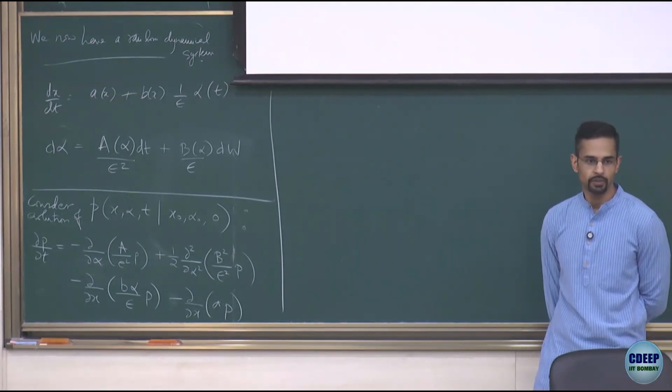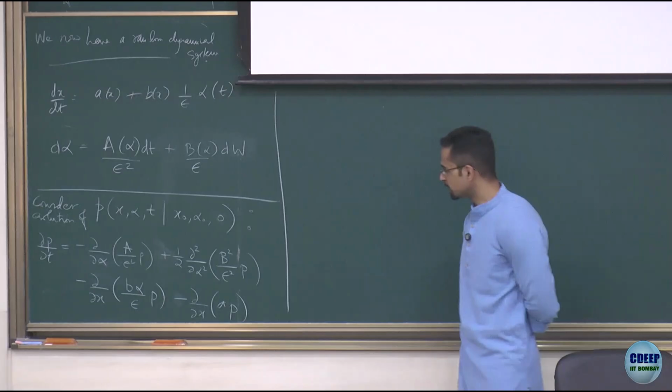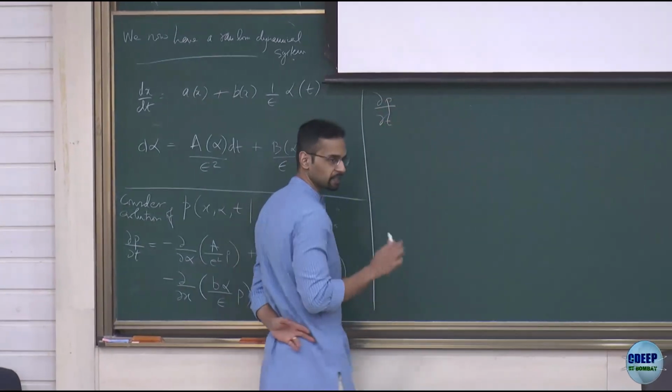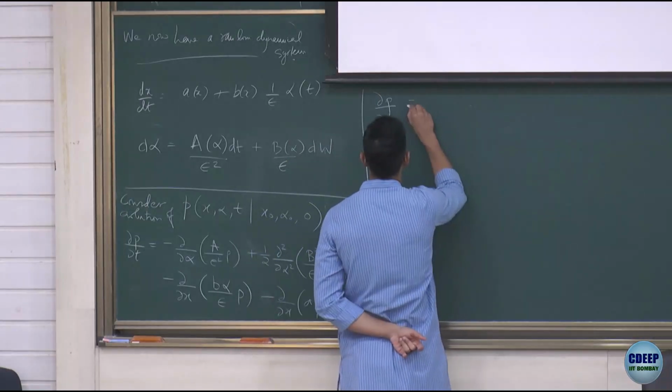Okay, so this you can just write down by inspection. And so now you see it has this interesting form, if I separate out the terms with different epsilons.